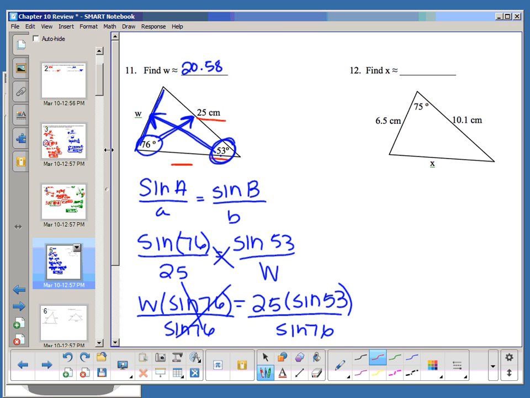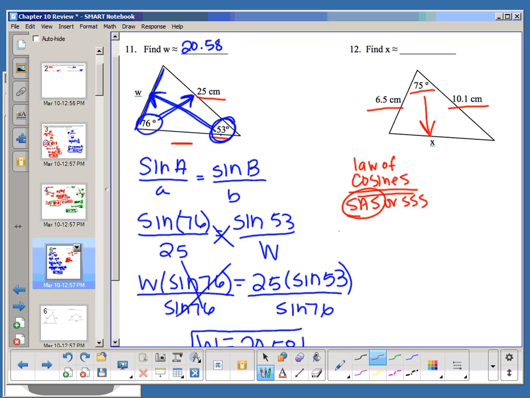Number 12. Now again, remember law of cosines. We're looking for side, angle, side, or side, side, side. I know a side, an angle, and a side, and I'm trying to find that one. So this one will be law of cosines because of side, angle, side. And so when I set that up, you have that big long formula. It looks like this: c squared equals a squared plus b squared minus 2ab cosine of c.